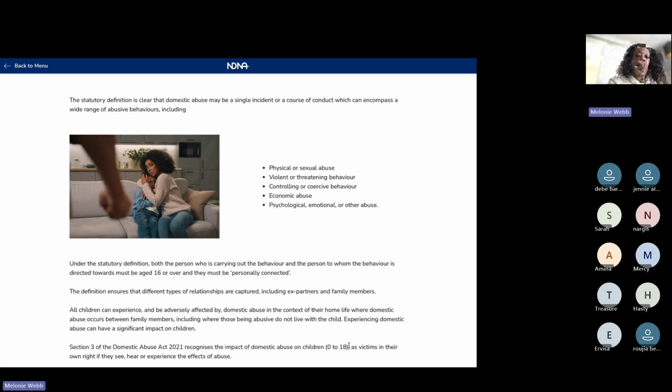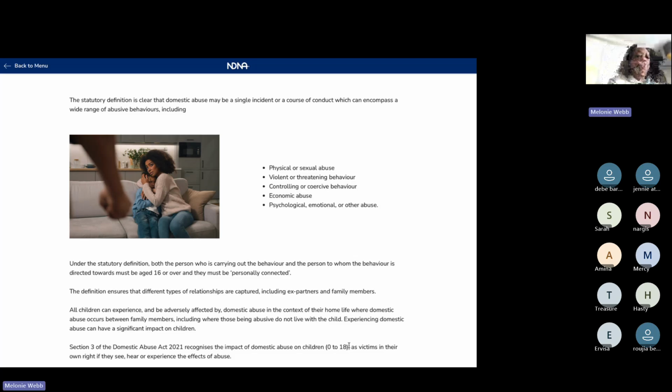Under the statutory definition, both the person who is carrying out the behaviour and the person to whom the behaviour is directed towards must be aged 16 or over, and they must be personally connected.